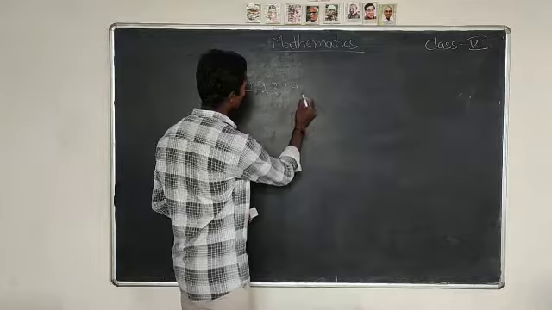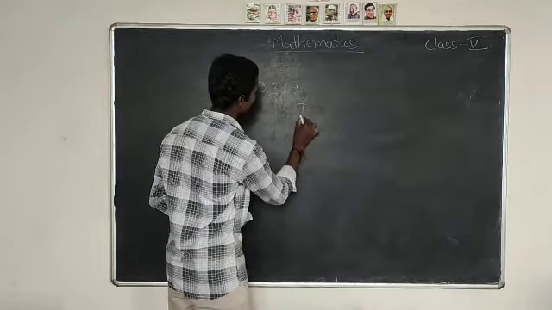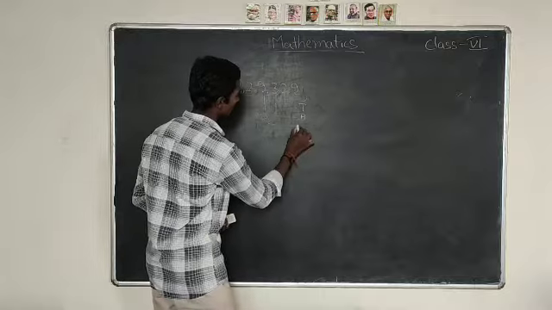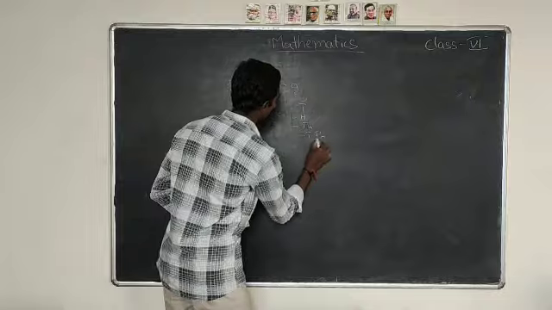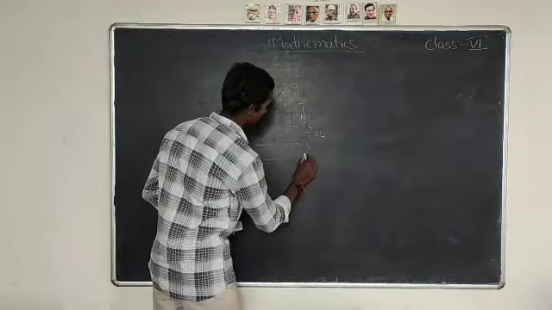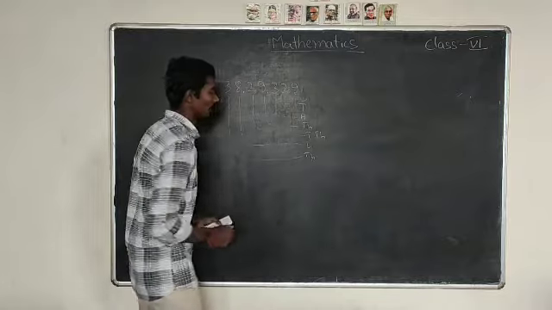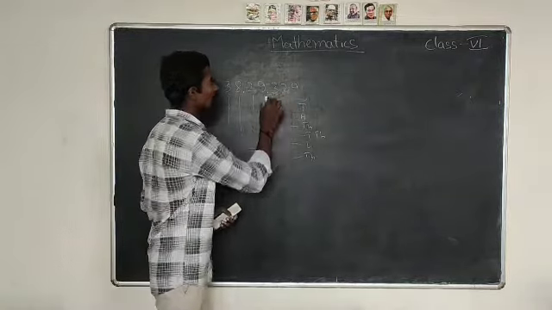This number has got units place, this tens place, this 100, the same way 1000, 10,000, lakh, and 10 lakh. Till this number, that is 3 digits, how do we read?